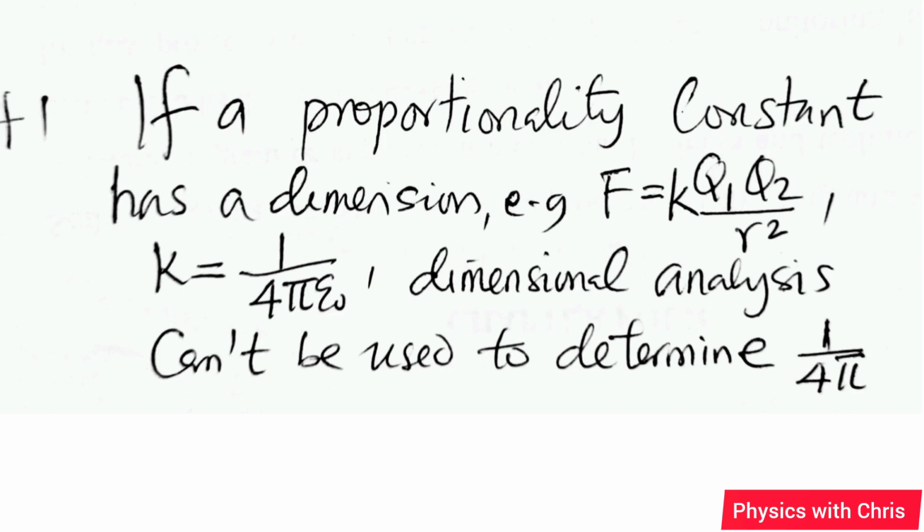For instance, in Coulomb's law, the force between 2 charges is given by the product of the charges divided by the square of the separation between them. The constant K is 1 over 4 pi epsilon naught. This approach of dimensional analysis will not be relevant here in determining the value of 1 over 4 pi.